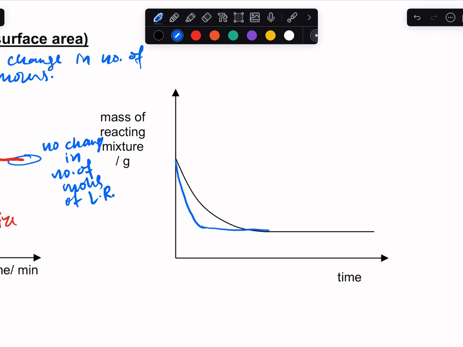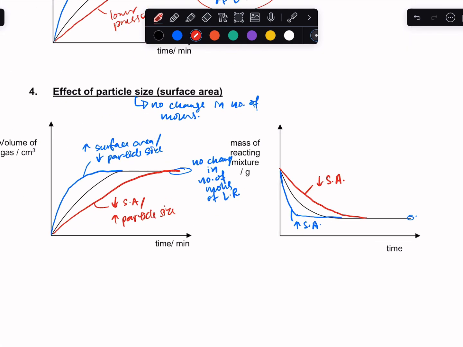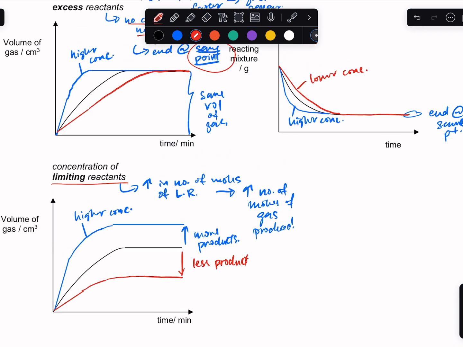Okay, then draw the line. So faster rate of reaction, end earlier, but end at the same point. So this is increase surface area. And this is decrease surface area. Okay, so that's it for how to draw these graphs.